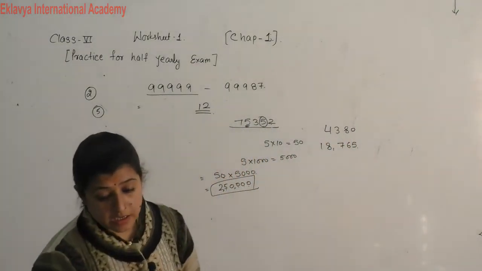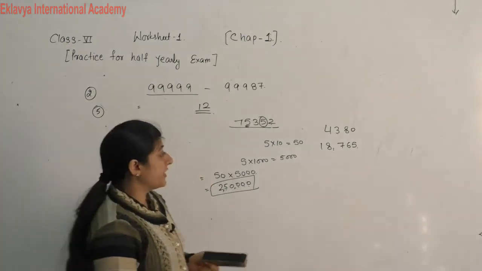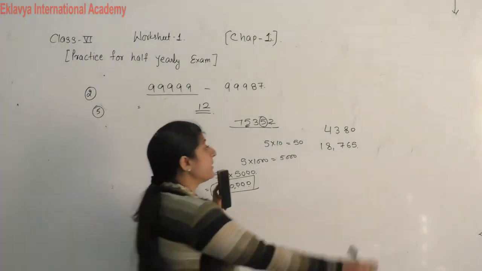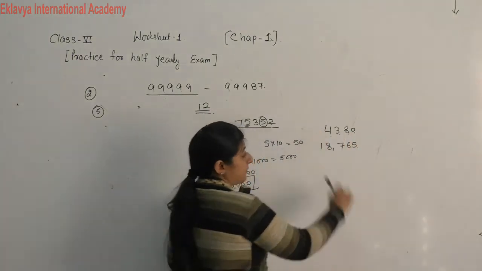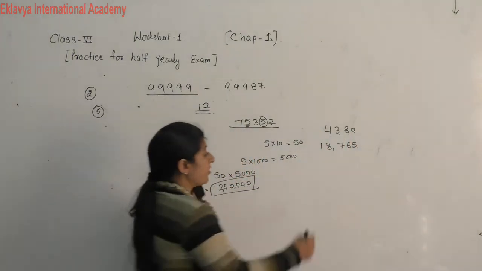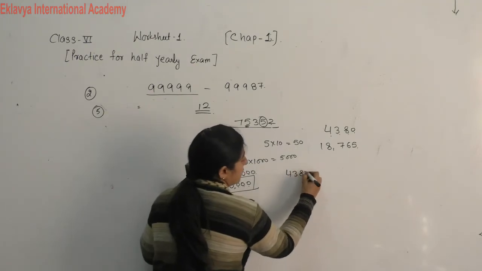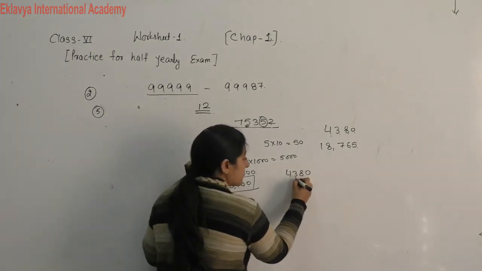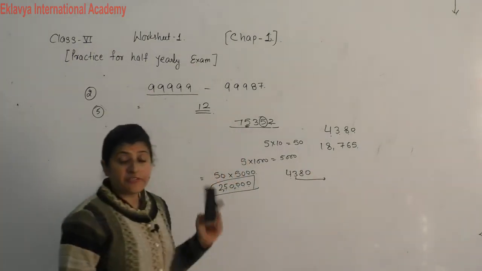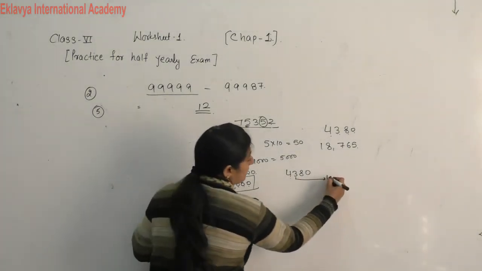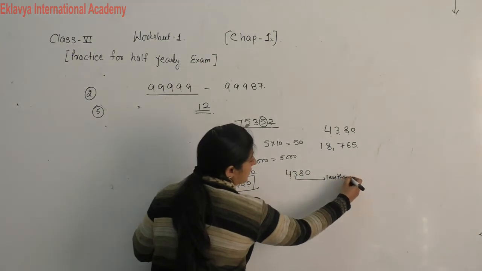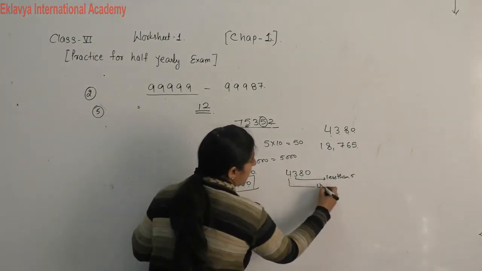What is the estimated sum of it? The estimate depends on thousands. Ones, tens, hundreds, thousands. For 4380, see the digit 3. If this digit is less than 5, then the number is unchanged.